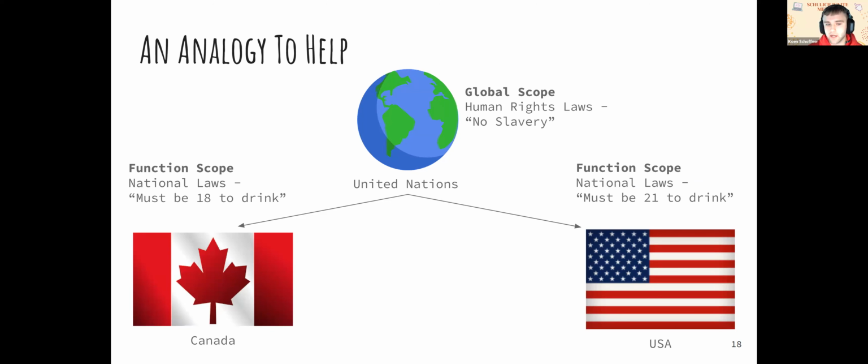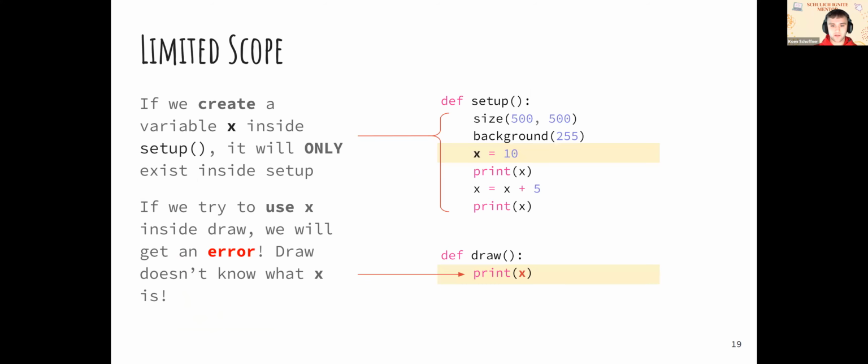But if you go to Canada, we have our own laws when it comes to the legal drinking age, which is 18. If you go to the US, they say it's 21. So think of global scope as something that's set up for every function within your program, and then each function can also have its own variables within it.